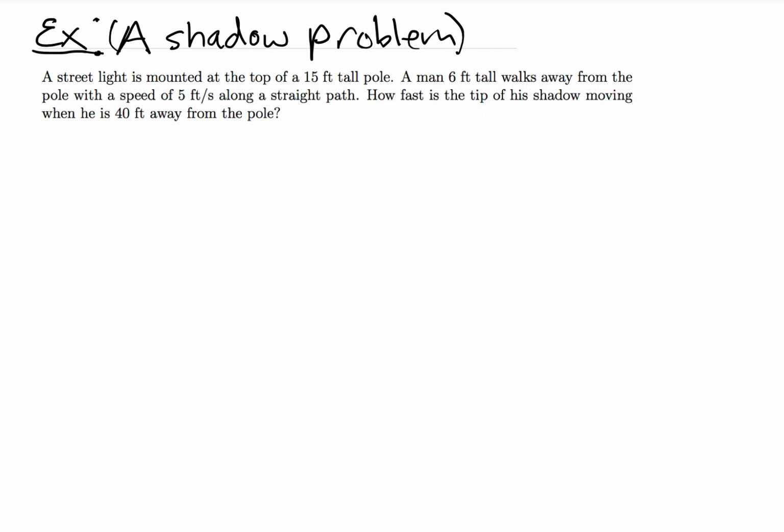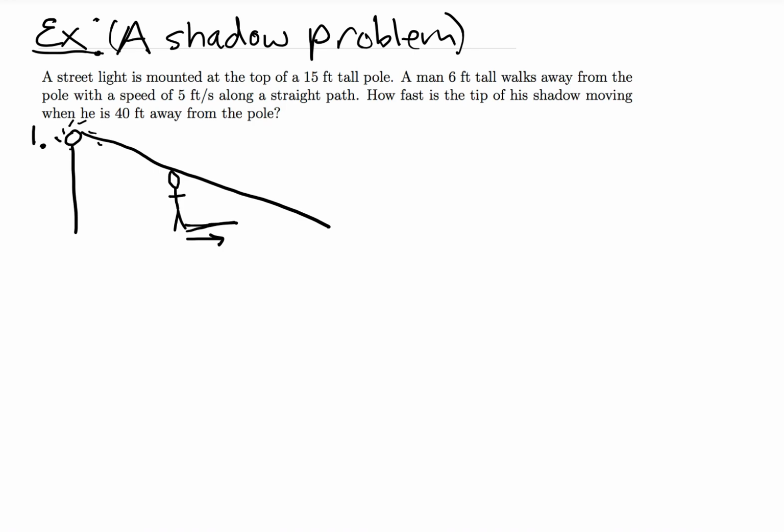Now here is what my diagram is really going to look like for this particular question. I've got this lamp post that I'll draw right here. I've got some sort of guy who's obviously shorter than the lamppost that is walking away at some particular rate. And this lamppost is causing the guy to cast a shadow on the ground.